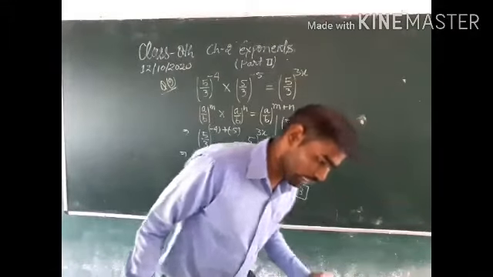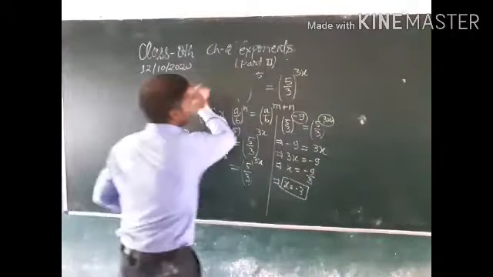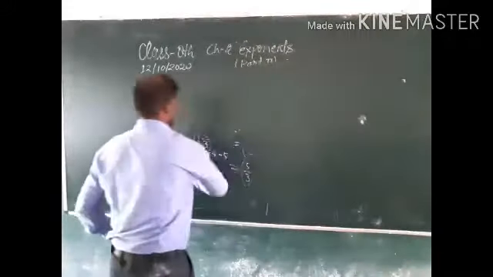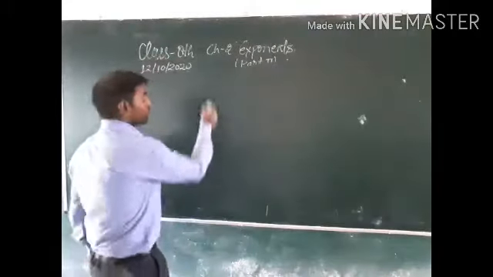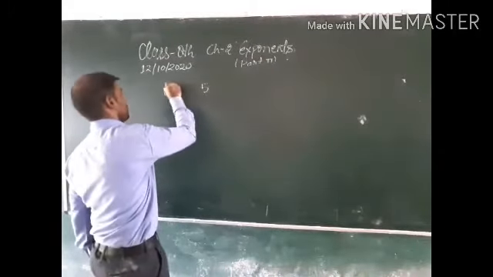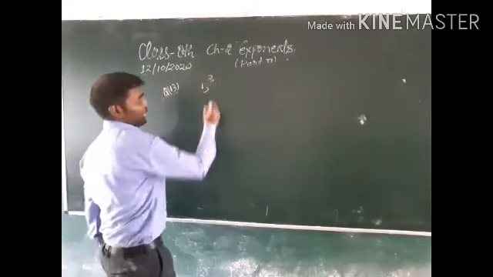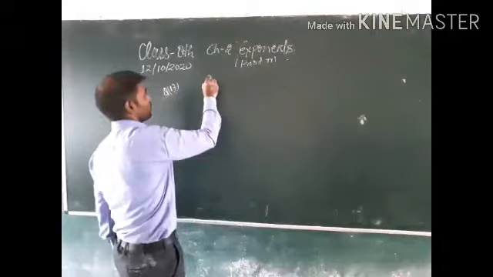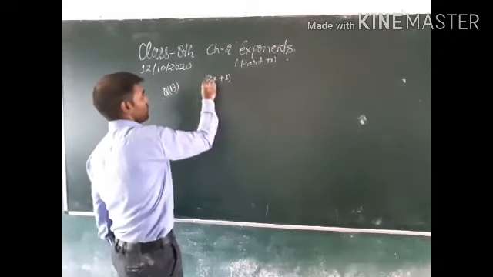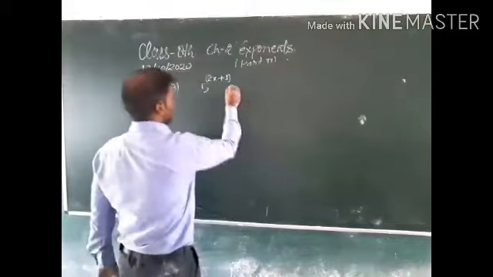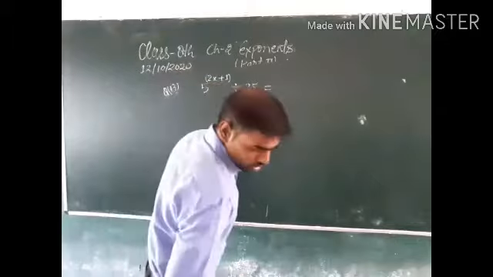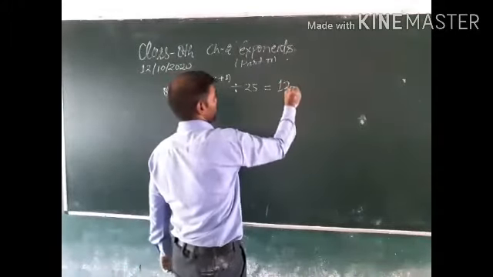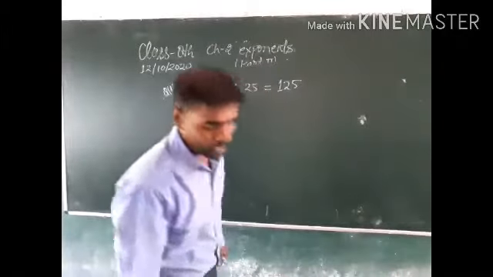Now we proceed to question number 30. The question is: if 5 to the power 2x plus 1 divided by 25 is equal to 125, find the value of x.